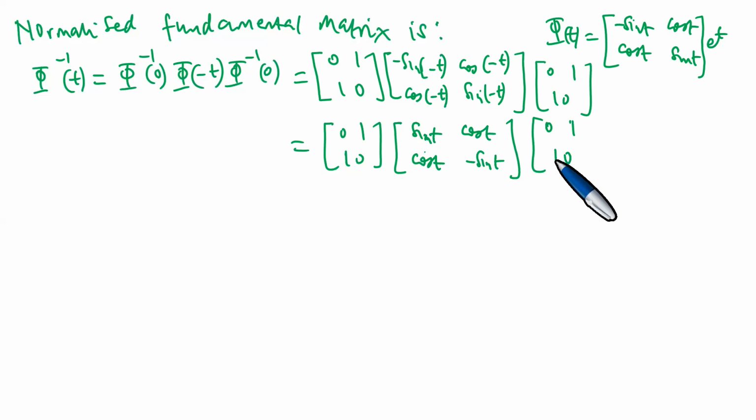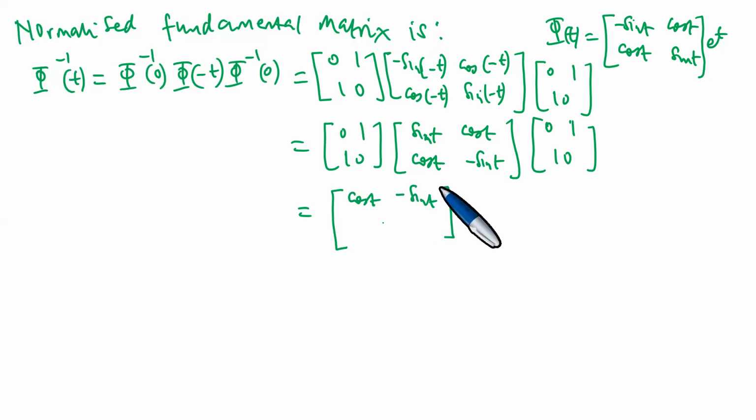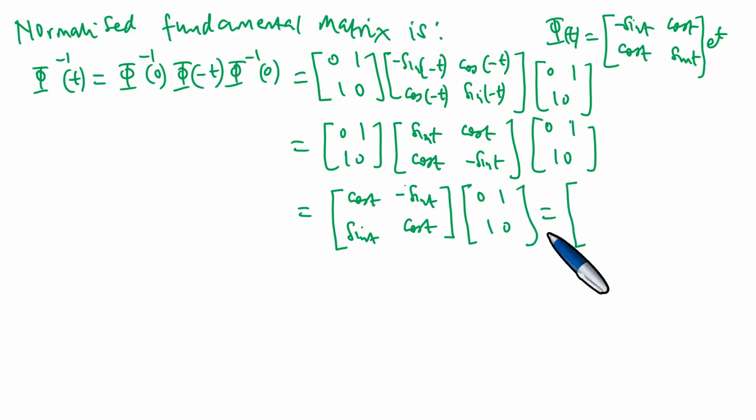Okay, so multiply these. Just first multiply the first two. This by that is actually cosine t. This by that is minus sine t. This by that is sine t. This by that is cosine t. So you have this and that is minus sine t.